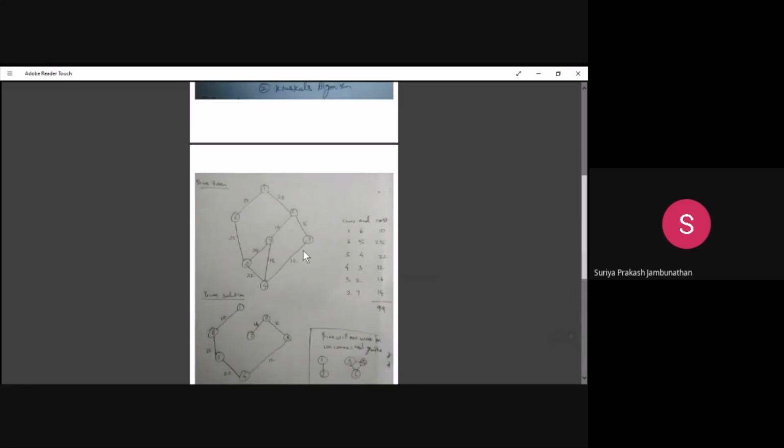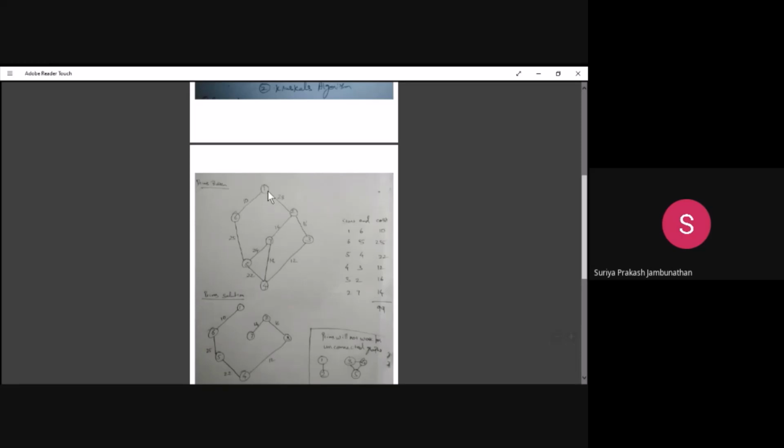The next highest value is 24. Sorry, if you connect 24, it will also form a cycle because we connected this and this, so we have to omit this edge. Next to 24 we have 25, so we connect 6 to 5.